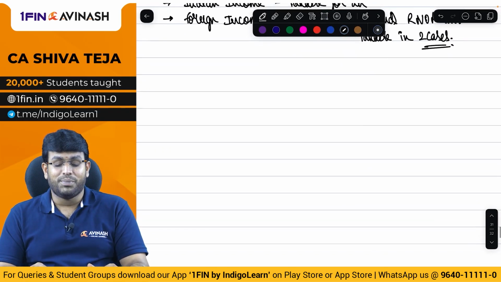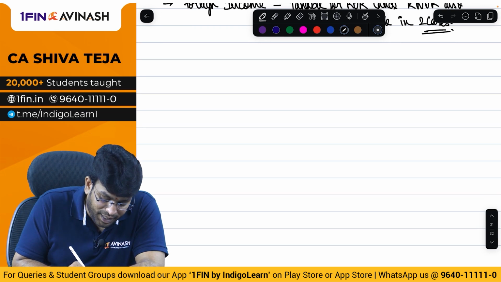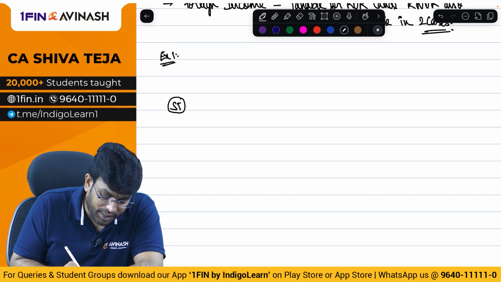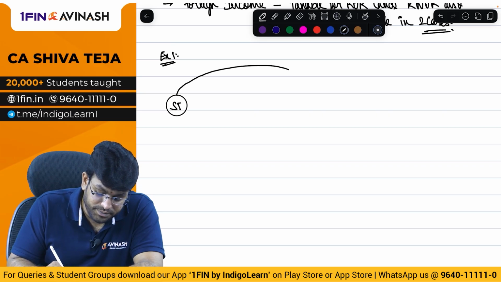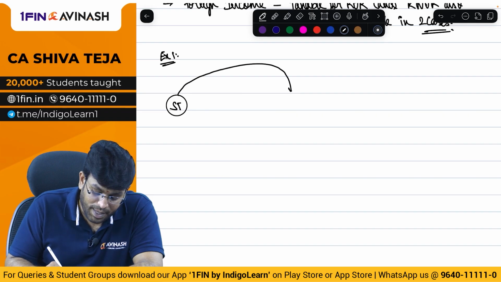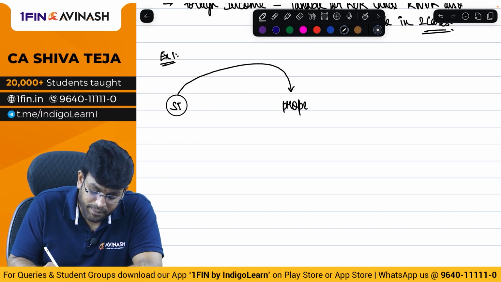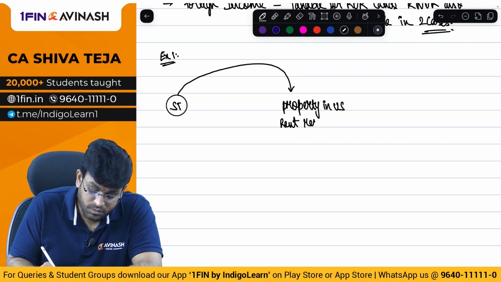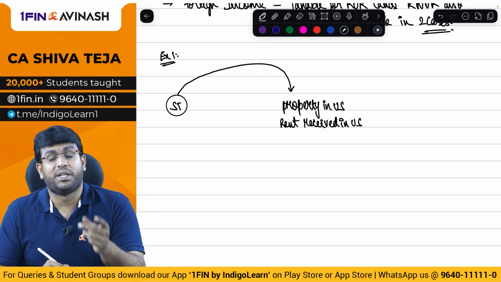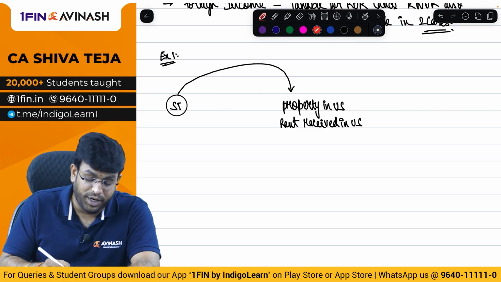So let's take some example. Two examples I'll give. Listen very clearly. Example 1. Let us say there is Shiva Teja, and I've got a property in US and rent is received in US. Property also is in US, rent is received also in US.